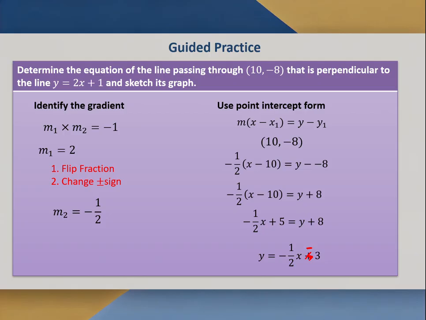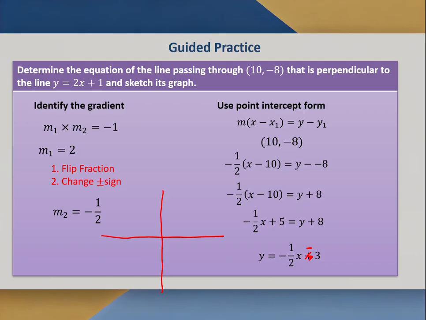So this now gives us our equation for our perpendicular line. We just need to be able to sketch it. The first thing I'm going to do here is I've just drawn down a Cartesian plane. Because we've already got it in y equals mx plus c form, this straight away tells me my c value, which is my y-intercept. When x is 0, what's left over?